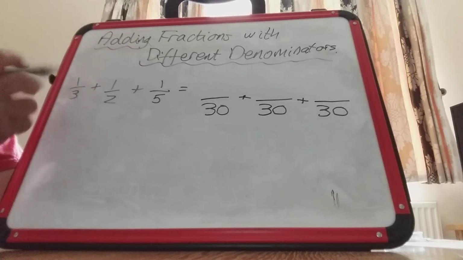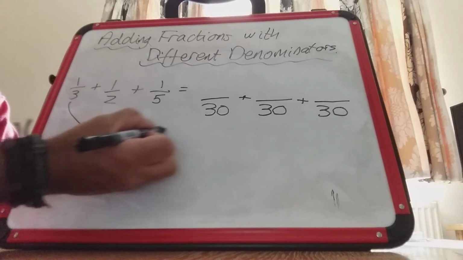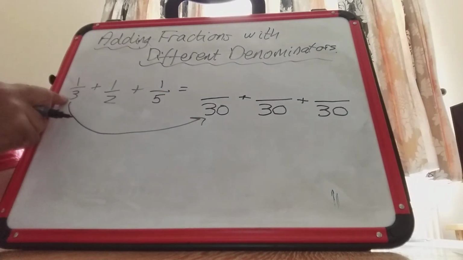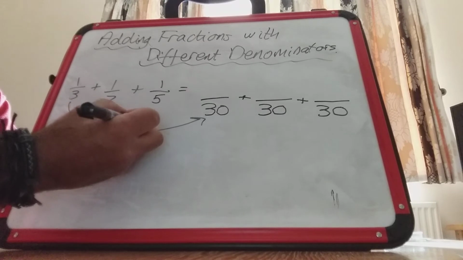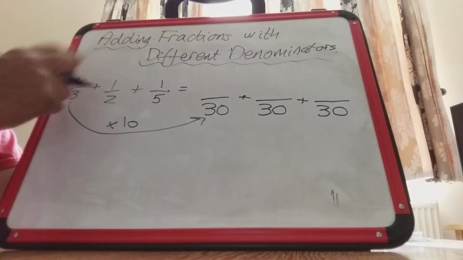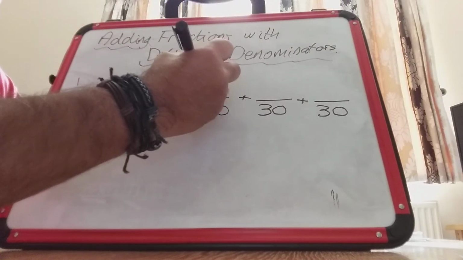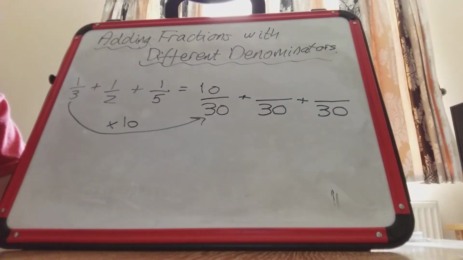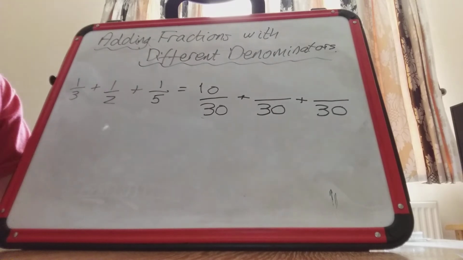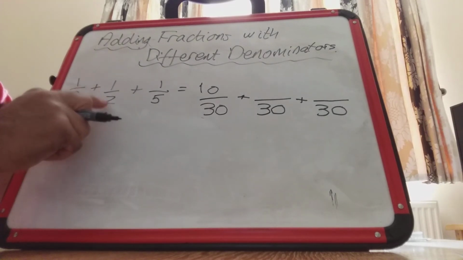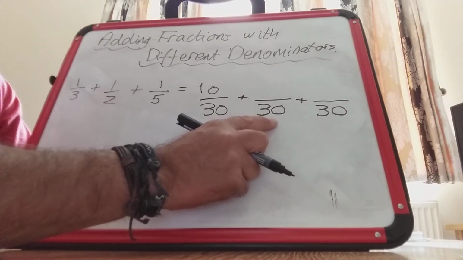So with thirds, what do I multiply 3 by to get 30? And hopefully the obvious answer is 10. So therefore 10 times 1 is 10. Okay. Now for halves, what do I multiply 2 by to get to 30?